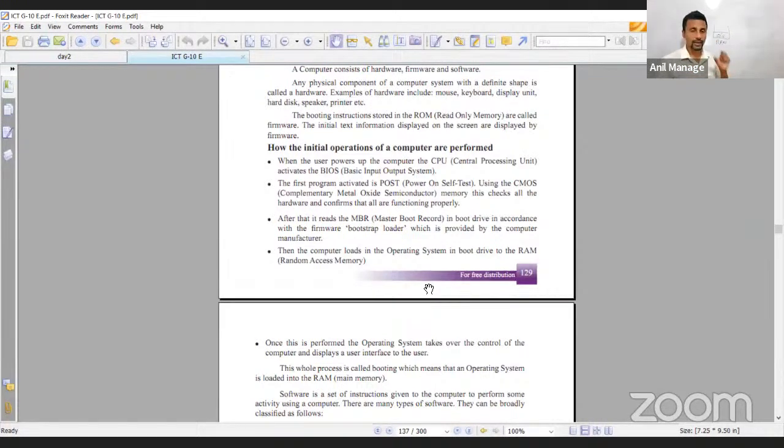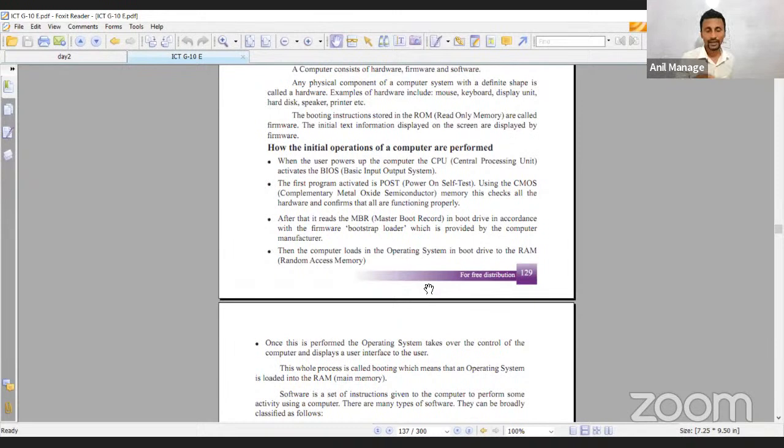It will find that your operating system is inside the hard disk C drive, and from there it will be taken to the RAM. Then whatever program you open, suppose you open Word, will also be loaded to the RAM. So what do you have in the RAM? All the currently working programs are loaded to the RAM.